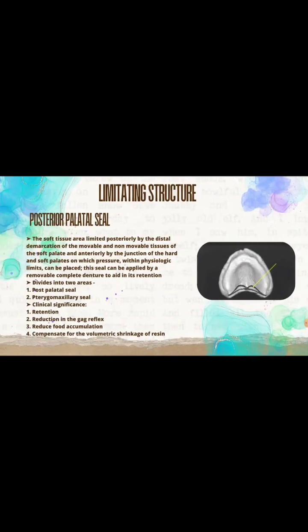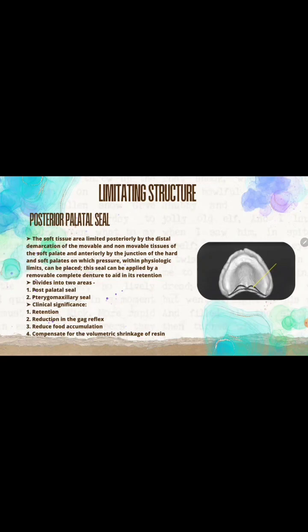The posterior palatal seal is a soft tissue area limited posteriorly by the distal demarcation of movable and non-movable tissue of the soft palate, and anteriorly by the junction of the hard and soft palate, in which pressure within the physiological limit is placed to aid in retention of the removable complete denture.